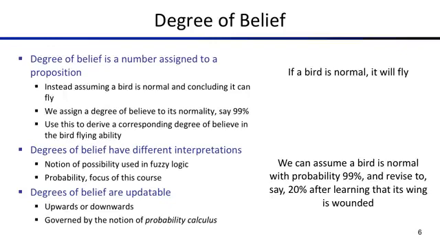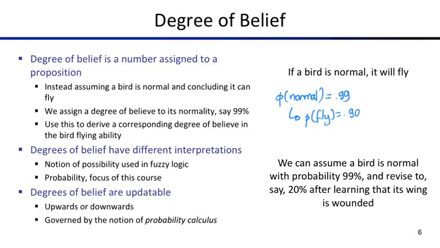So I assume the bird is normal with 99% probability. So the probability of the bird being normal, I will say that's 0.99, and I use probability calculus. In some way, I compute that the probability of being a flying bird is also very high, something like 0.9.